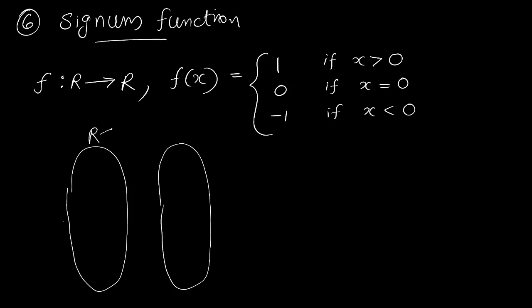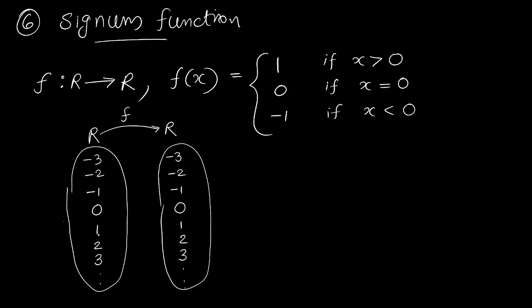The function is defined from real numbers to real numbers, so it must contain all real numbers: 0, 1, 2, 3, etc., negative numbers minus 2, minus 3, including fractions. The right side is also real numbers: 0, 1, 2, 3, and minus 1, minus 2, minus 3, etc.